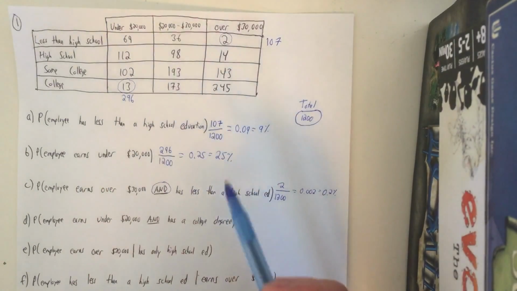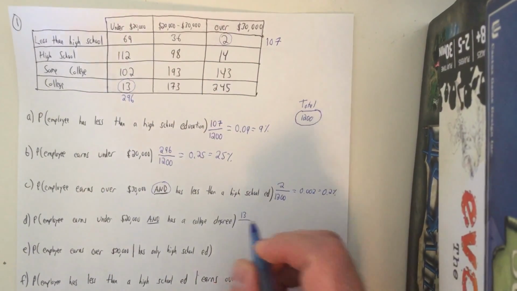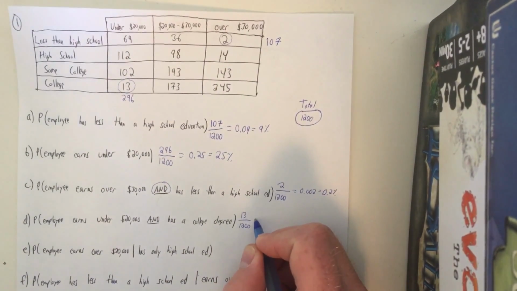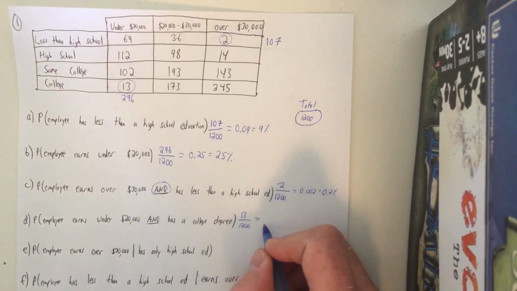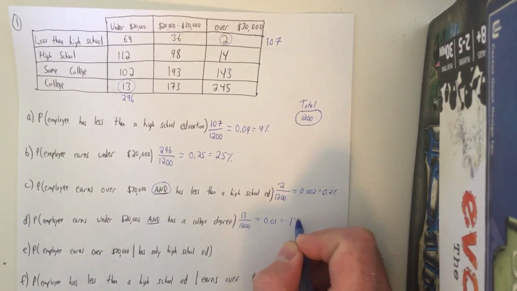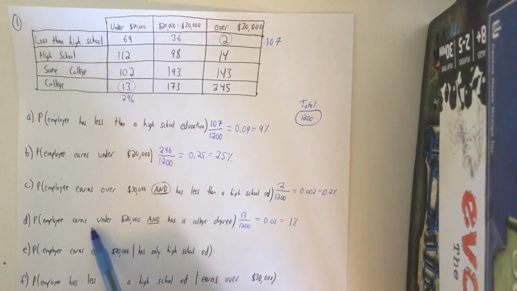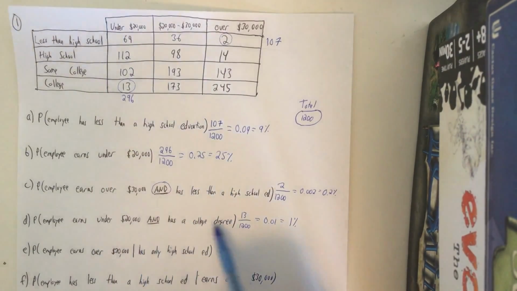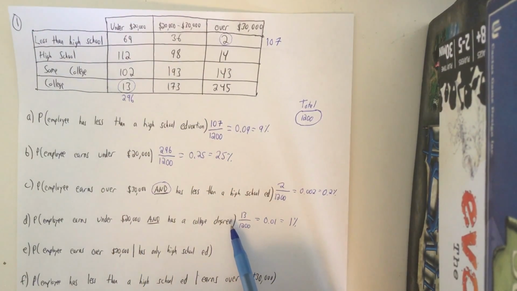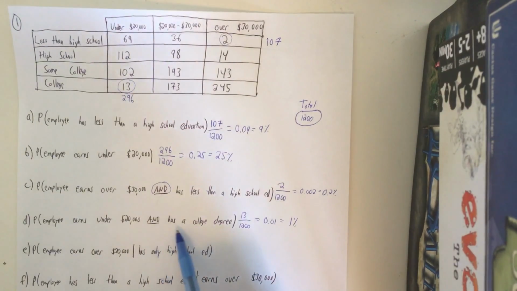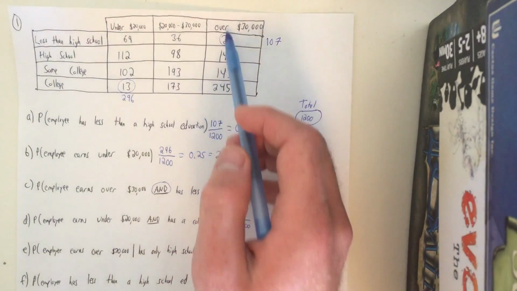So that is 13 over 1,200, which is the same thing as 0.01 or 1% approximately. So this is, again, a small likelihood of them making under $20,000 while having a college degree, which again makes sense because you'd expect that the more education you have, the more money you would make.